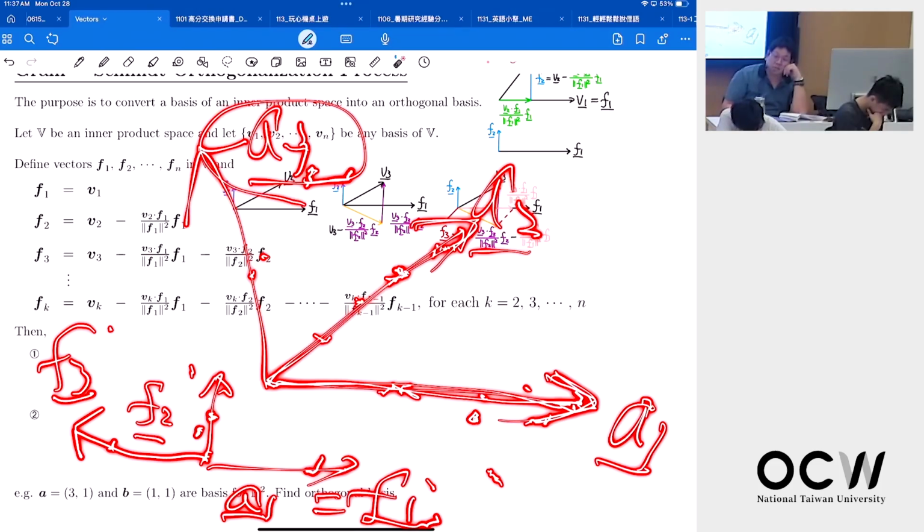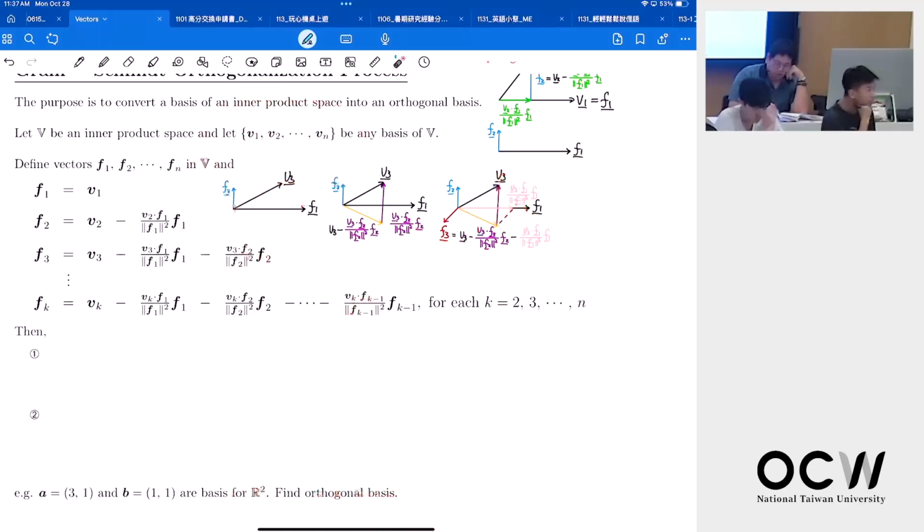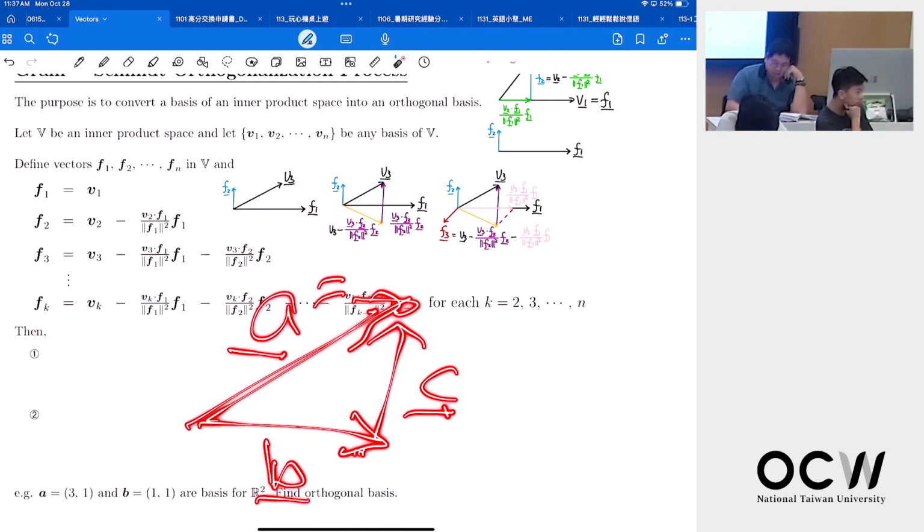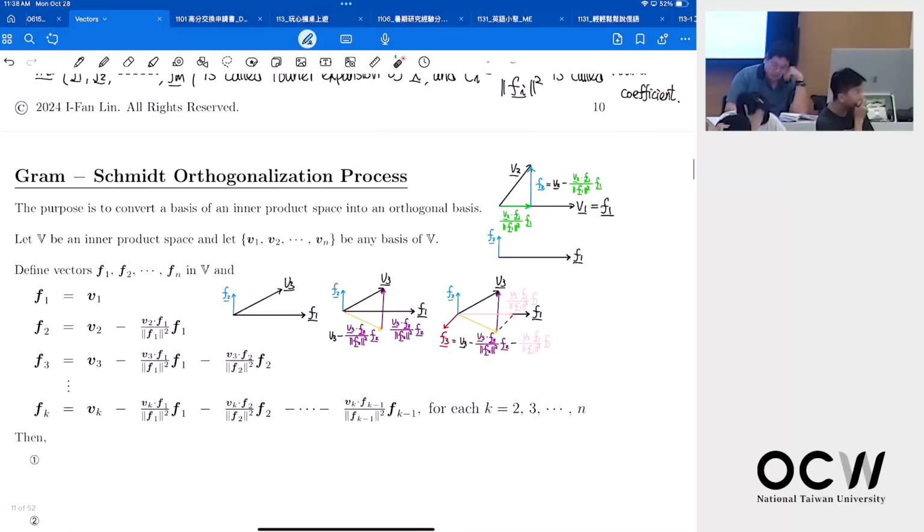Okay? Because when you deduct that portion, you see the addition of vectors: vector A will be equal to vector B plus vector C. So once you deduct the portion, the rest will be perpendicular to your original vector.